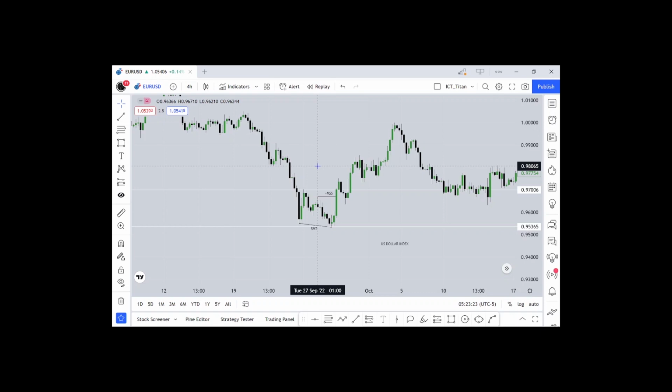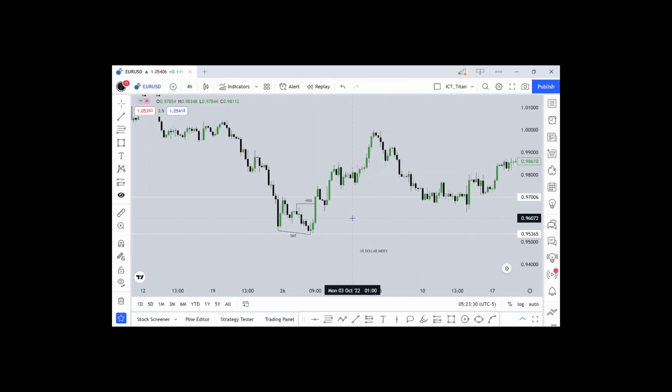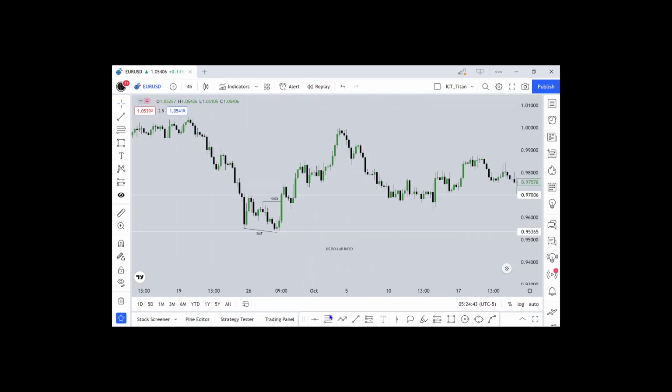Then we noted that we should check on our point of interest, the FVG. What you'll want to do on the FVG is to measure the 50% mark.